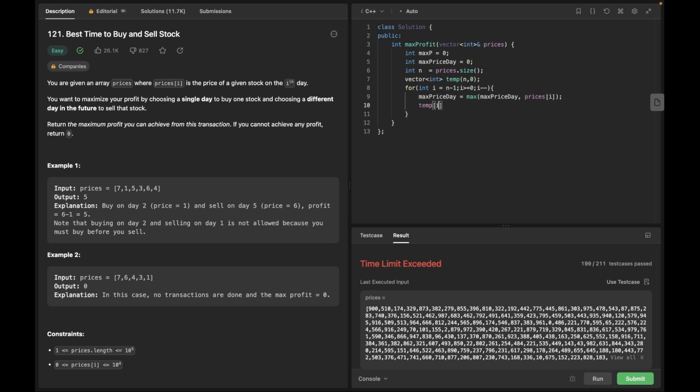So in the temporary array, we will keep storing the max price of the stock as we go along, and this will only happen if the stock price is greater than the stock price we have encountered till now.